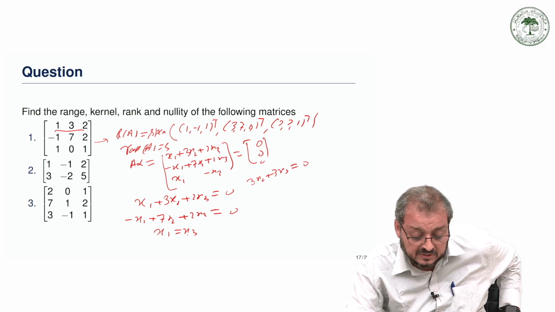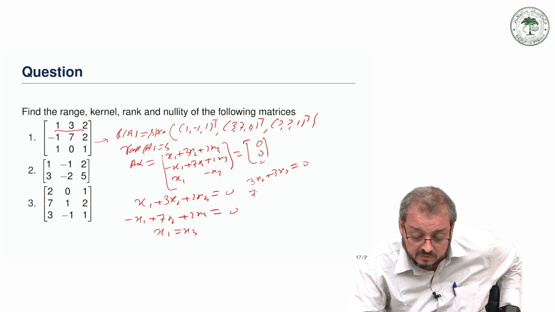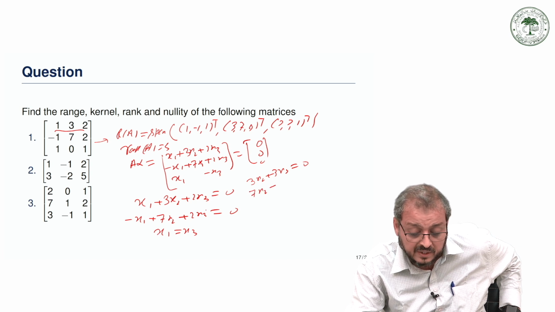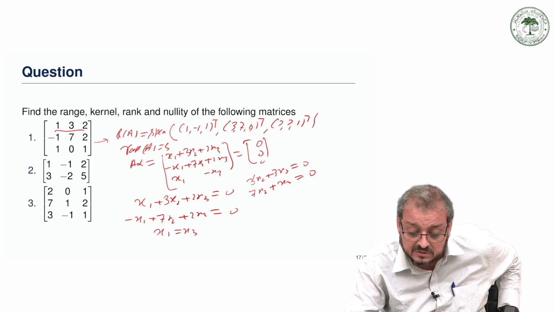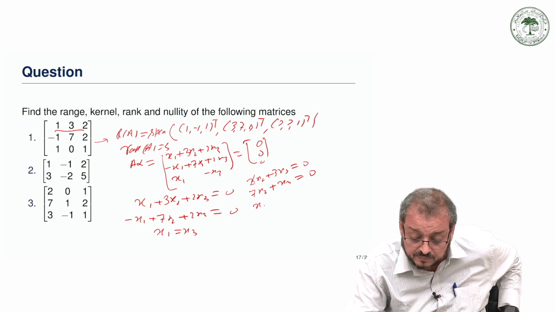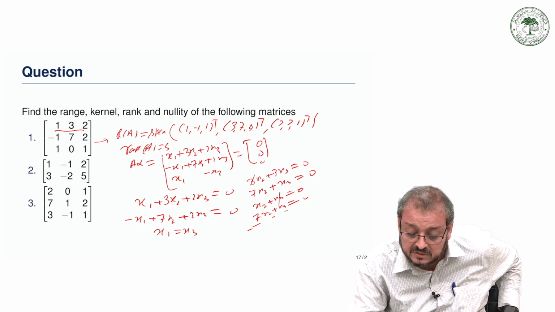Substituting x1 as x3, you have simply 7x2 plus x3 is equal to 0, so the 3 and 3 cancel. So you have x2 plus x3 is equal to 0, and 7x2 plus x3 is equal to 0. Now we subtract, and this cancels out.